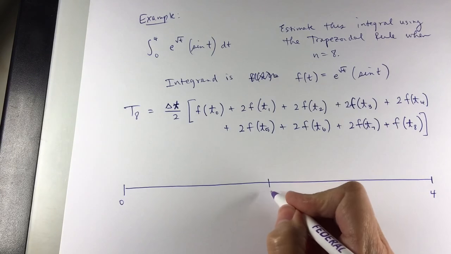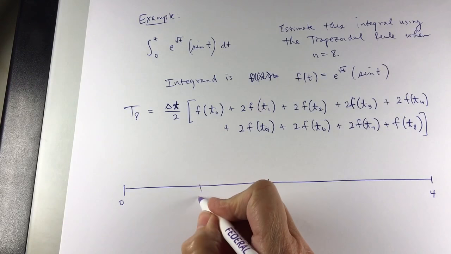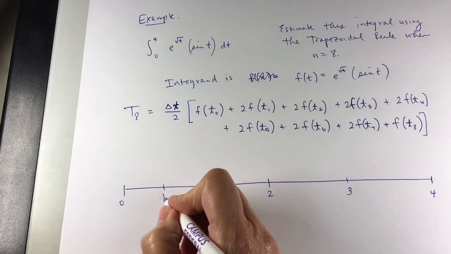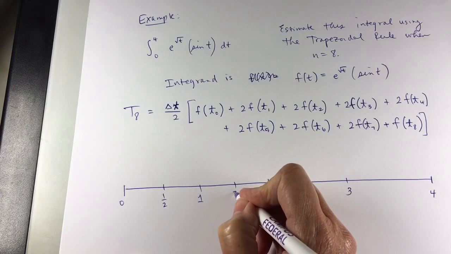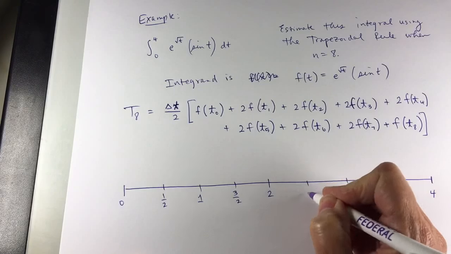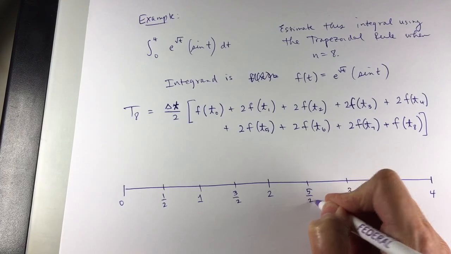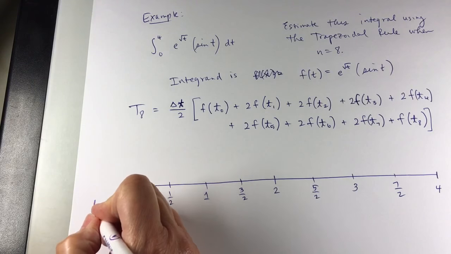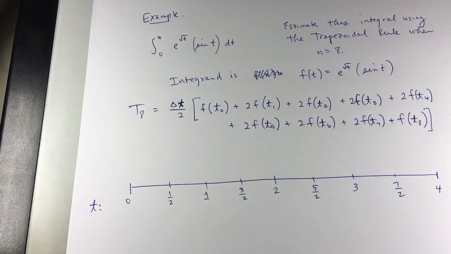See, right in the middle, that's 2. This is 1. I've divided this up into 4 pieces, but I need how many? 8. So let's go ahead and say that's 1/2, 3/2, 5/2, and 7/2. These values I've put on this number line, these are values for t.